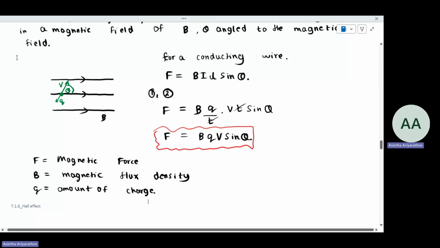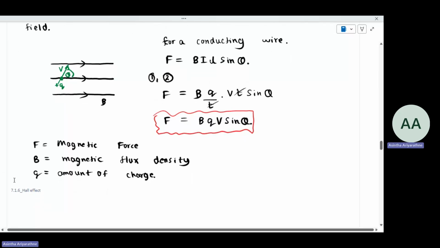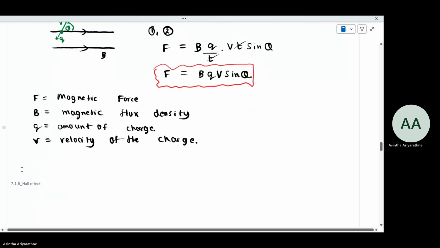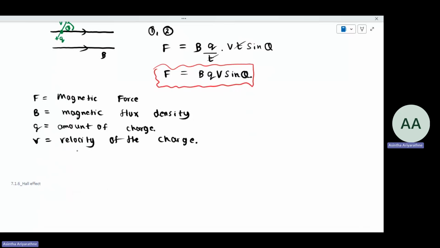V is the velocity of the charge. And theta is the angle between the velocity and the magnetic field.